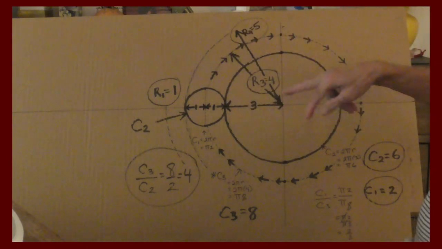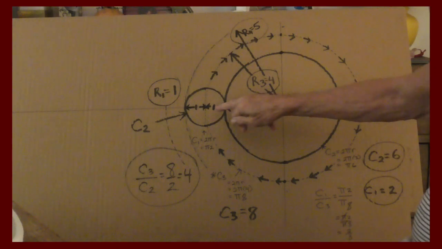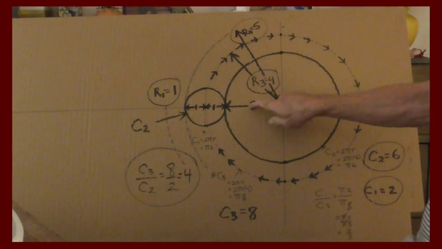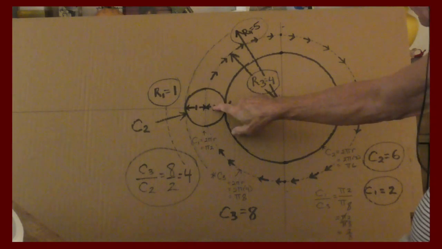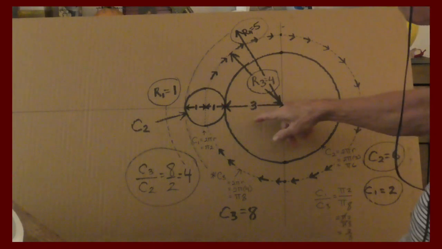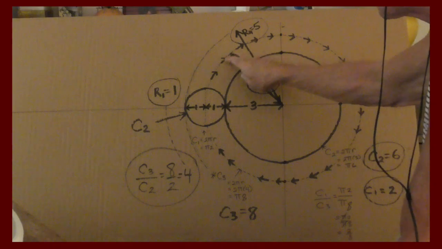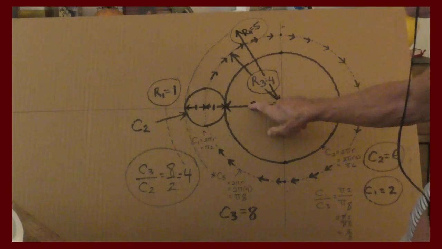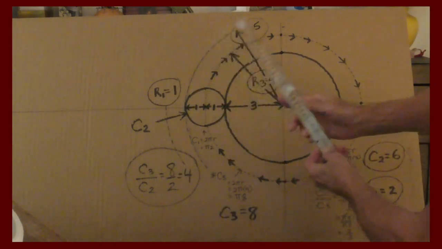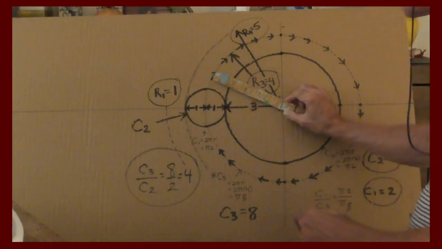So what we need to know is the diameter or radius of this circle here to the center. The radius will be 3 plus 1, which is 4.